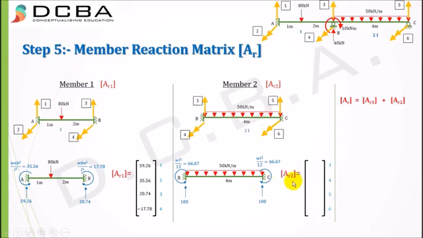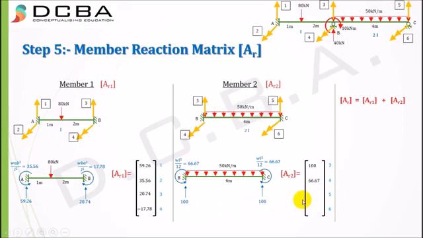And we need to construct the AR2 matrix, and now the numbering will be 3, 4, 5, 6, because the forces are 3, 4, 5 and 6 for member 2. The force acting in the direction of 3 is 100 plus 100 because it is acting in the same direction. The moment in the direction of 4 is anticlockwise, which meets the reference moment, and it is plus 66.67.